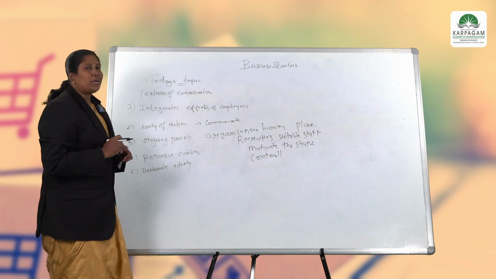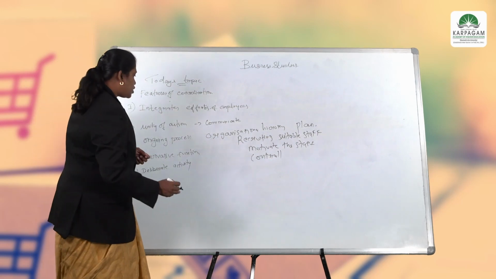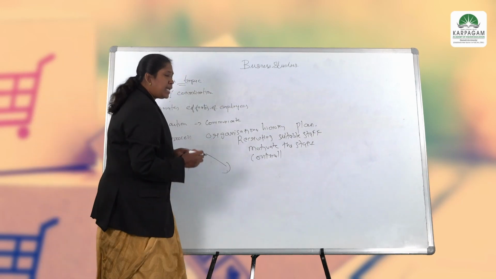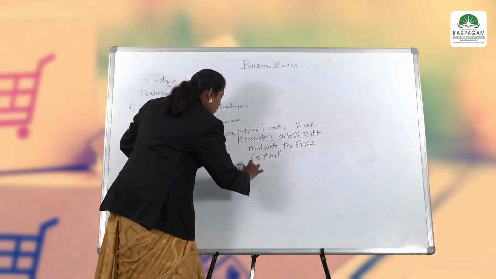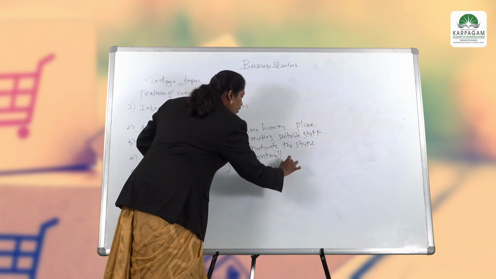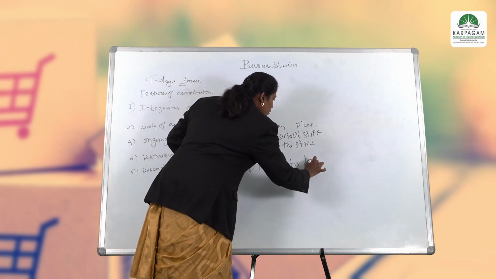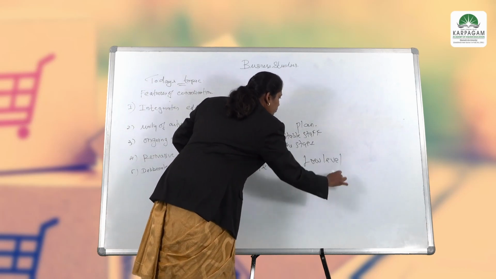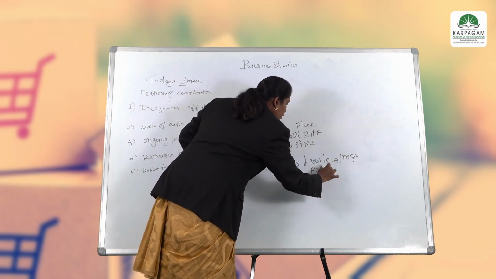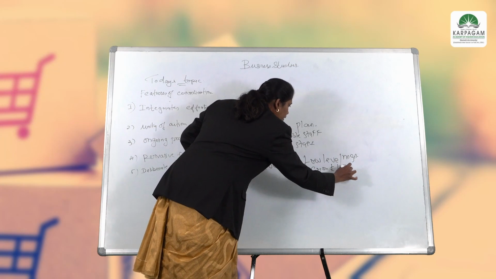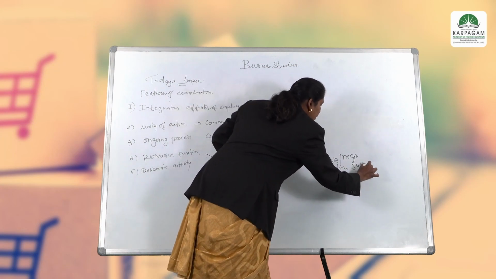Next one is pervasive function. It denotes there must be coordination right from the top level to low level management, that is, till front line supervisors.